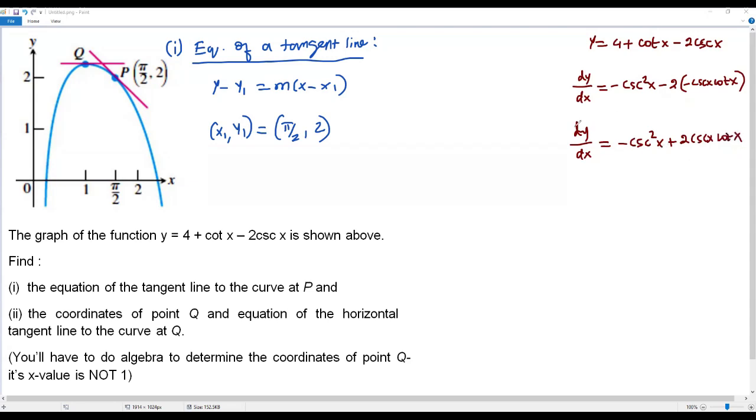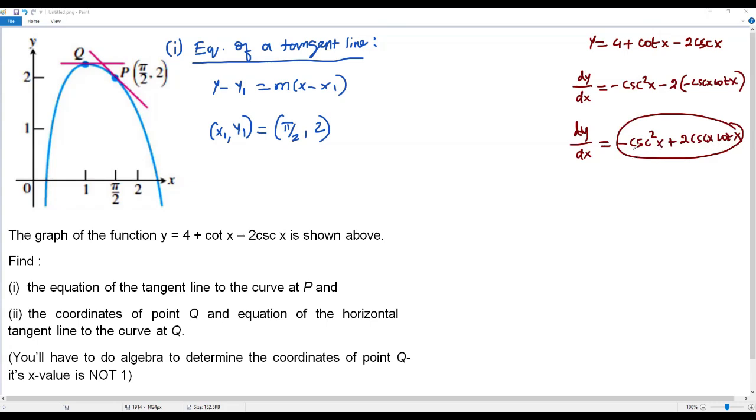Okay, now I got the derivative. This is dy/dx, which represents the slope of the tangent line, but we need the slope at point P. To get the slope m at point P, I have to plug in the point (π/2, 2) into the result of dy/dx. But on the right side of the result, I don't find y, only x.